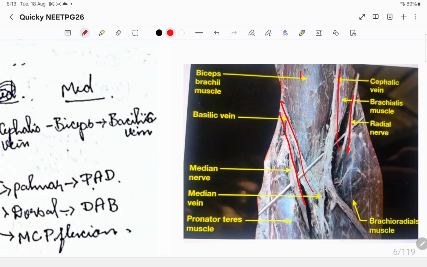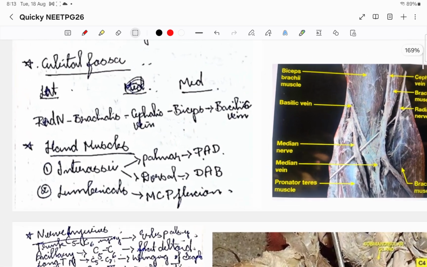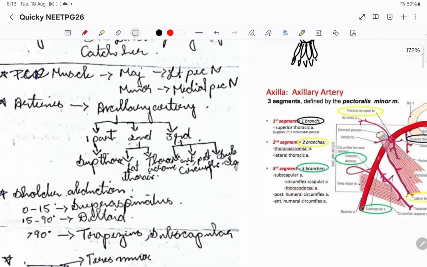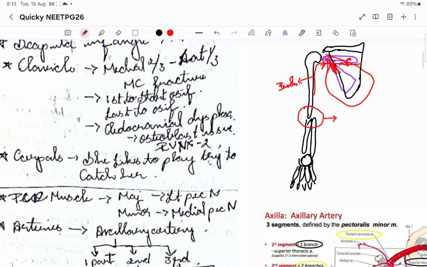Between the cephalic and basilic vein is the biceps brachii that we flex. Then beside the cephalic vein is the brachialis muscle. This is the orientation you need to have before going into the exam. Okay, that's it, now that we are done with the cubital fossa.